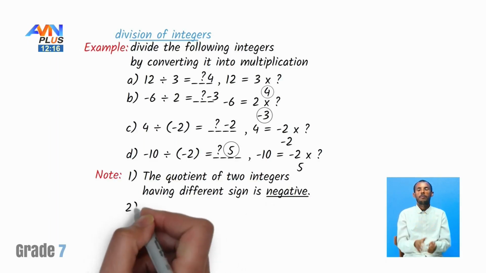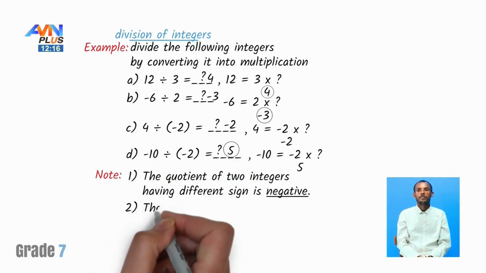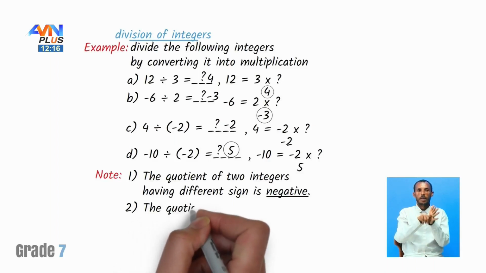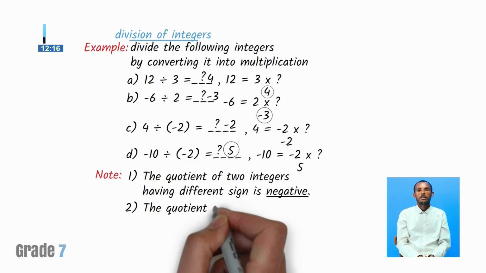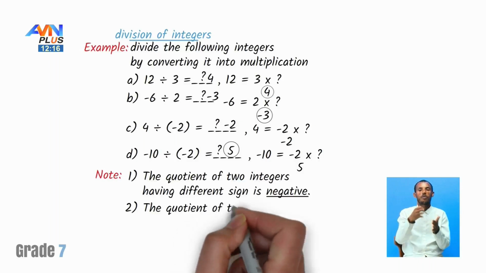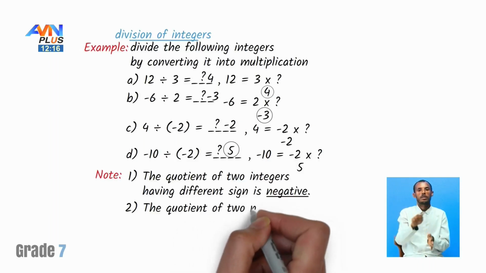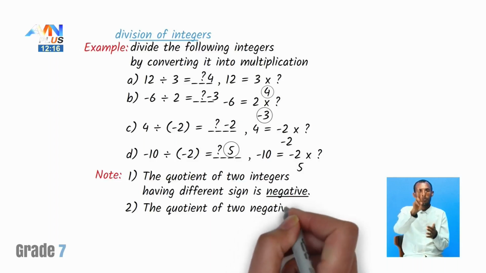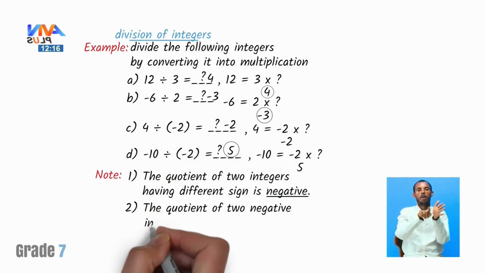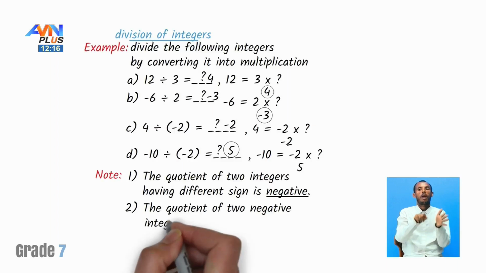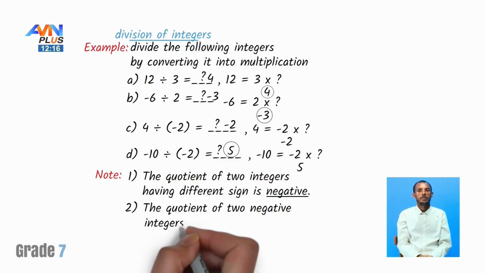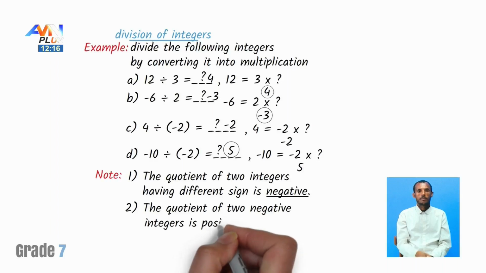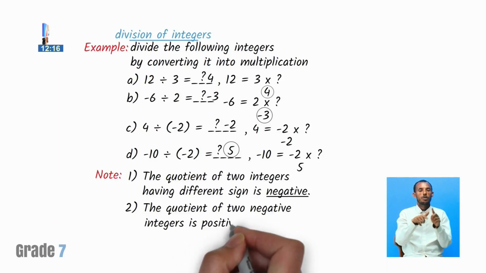Again, the quotient of two negative integers is positive.